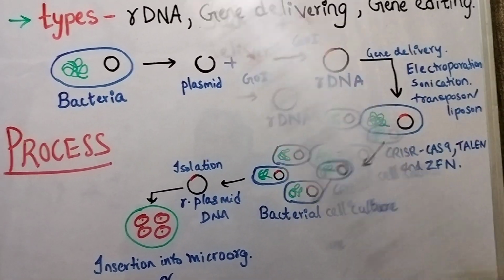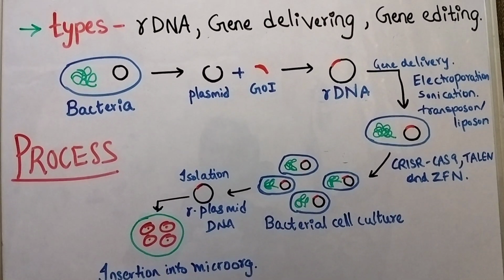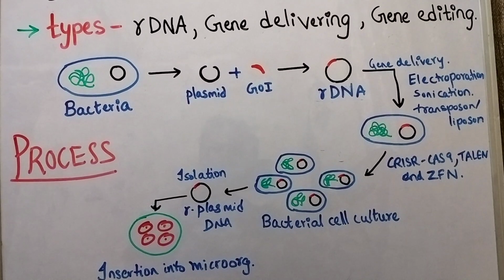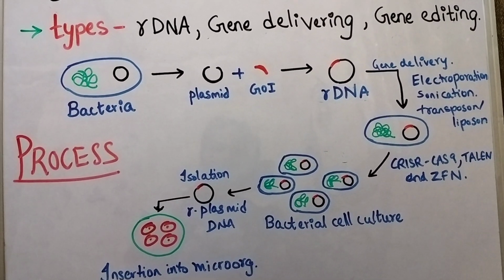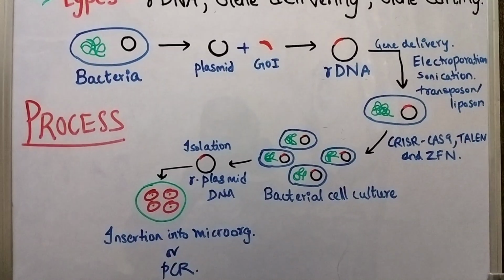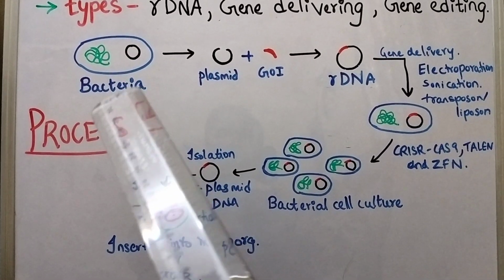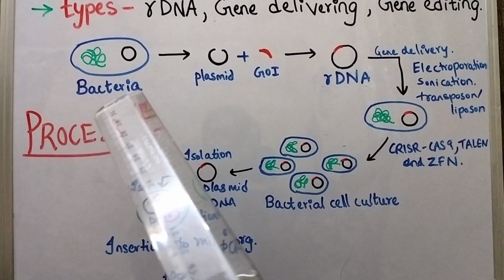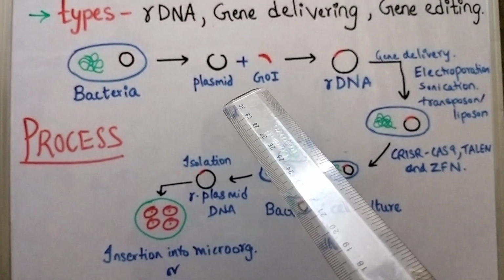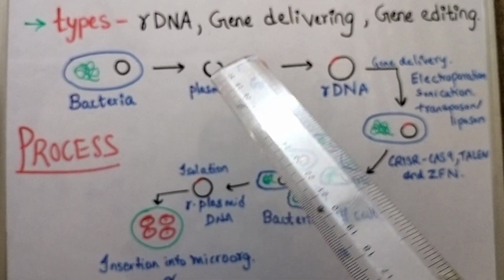The criteria for selecting the gene are: the gene should have high GC content, low repetitive DNA sequence, and it should be smaller with a stop and start codon. This DNA or the plasmid DNA is isolated using restriction digestion or PCR technique.